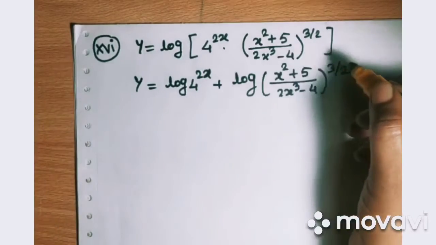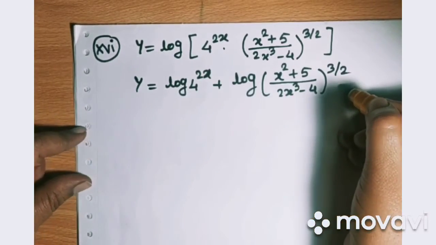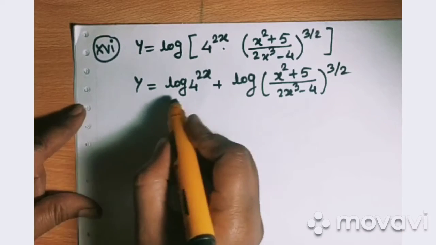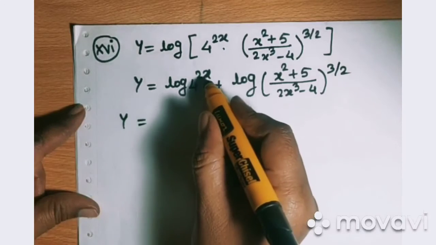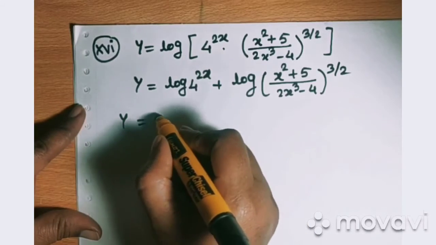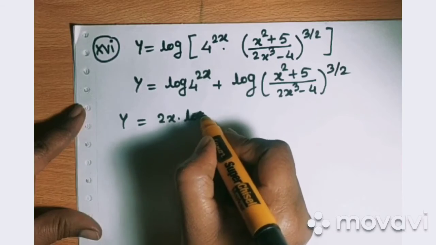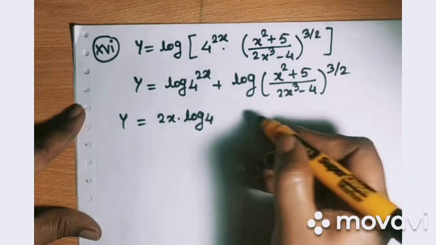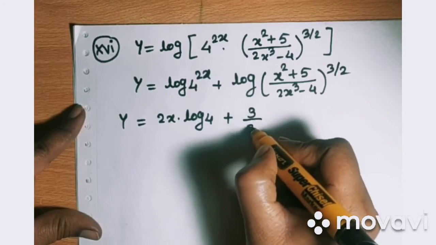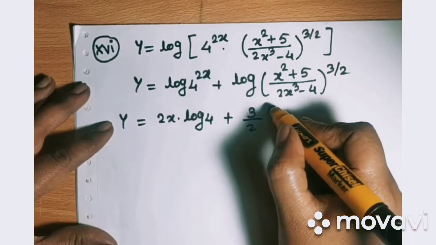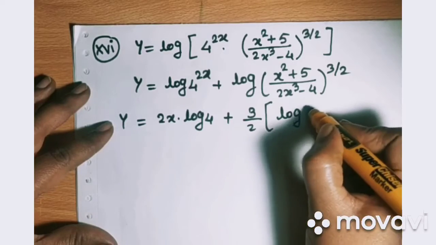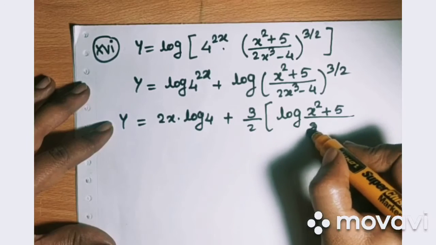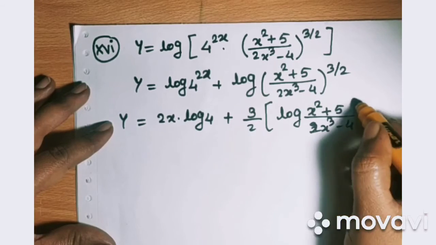Then log of m into n becomes log of m plus log of n. We write again log of 4 to the 2x becomes 2x into log of 4, that is m raised to n can be written as n into log of m, plus again 3 by 2 into log of x square plus 5 divided by 2x cube minus 4.